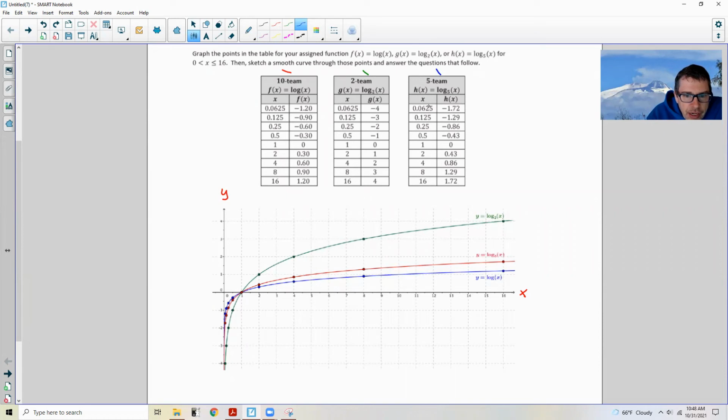In the teacher edition they did different colors, so let me switch these around. The red one is team 5, team 2 is green, and then 10. So as our base increases, the function grows slower. 2, 5, 10. These are different things you need to look at when graphing.